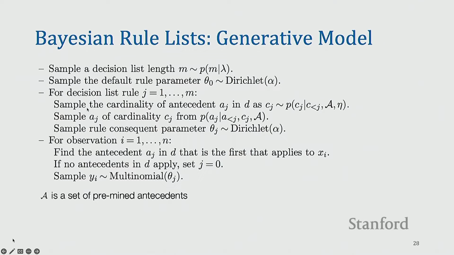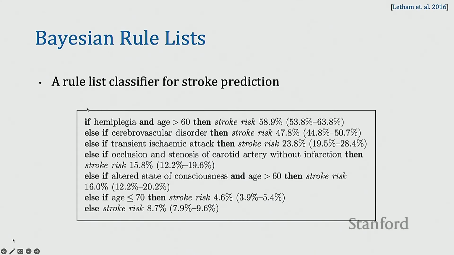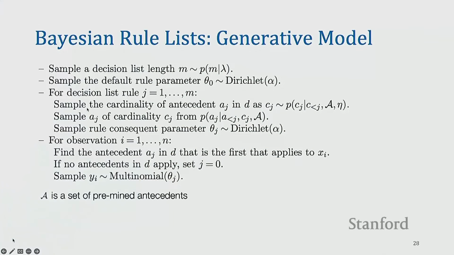So I want to note a few things here. One is the sampling of the predicates or the conditions. And when I use the word predicate, I just mean these conditions are the predicates, right? So it's like if transient is basic, or if transient ischemic attack, that's the condition or that's the predicate. Okay. All right. So A here is the set of pre-mined antecedents.